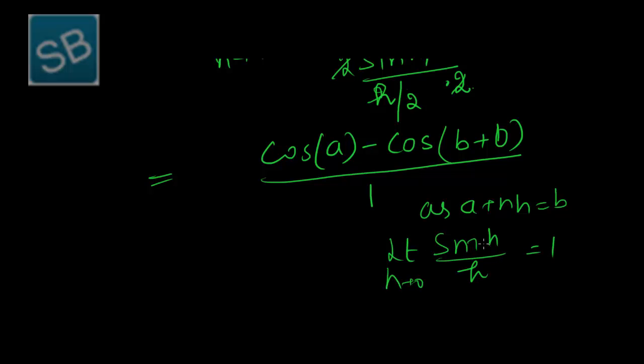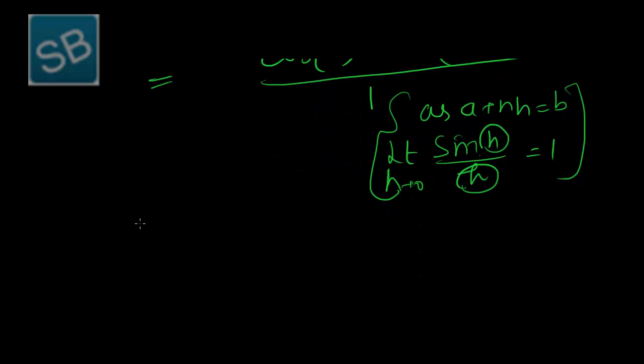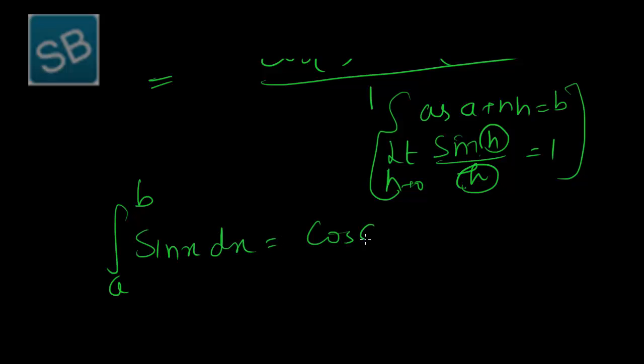That means sin of a term over that term, its value is 1 if h tends to 0. So we get integral a to b sin x dx is equal to cos of a minus cos of b.